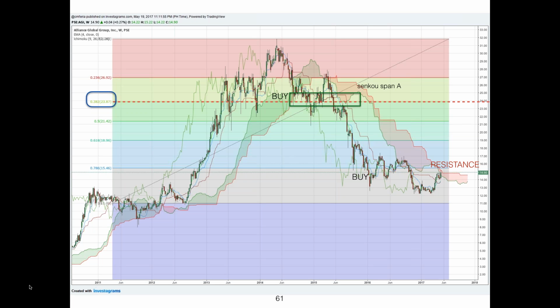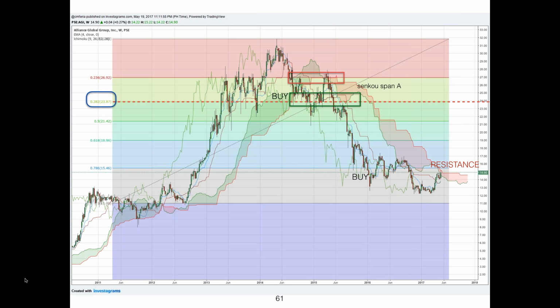This is a strong buy area because we find several supports in this area.